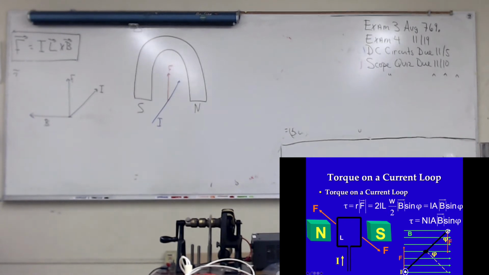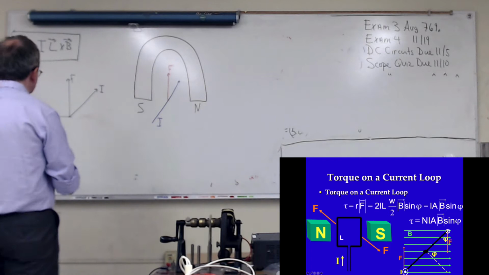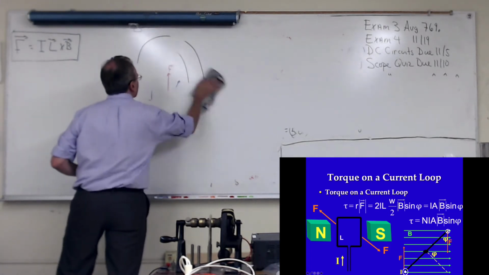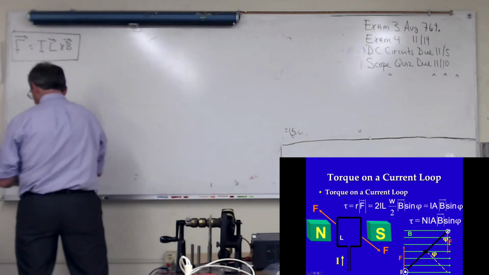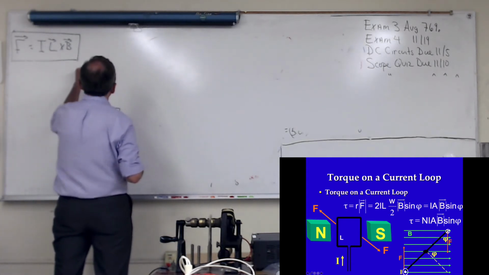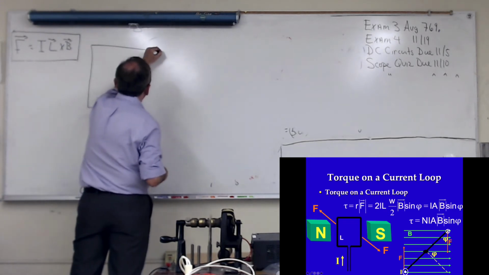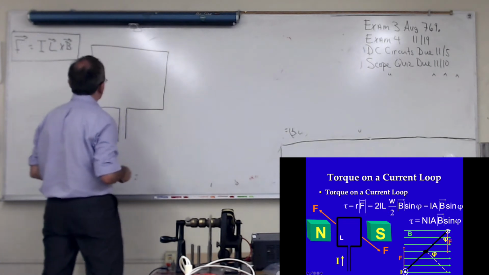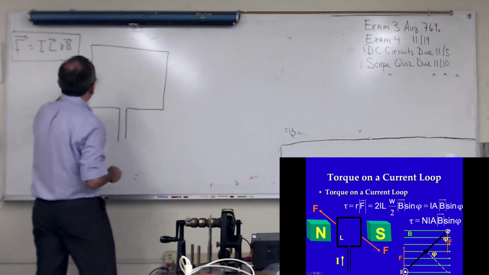So let me draw the loop of wire. It's carrying current like this.